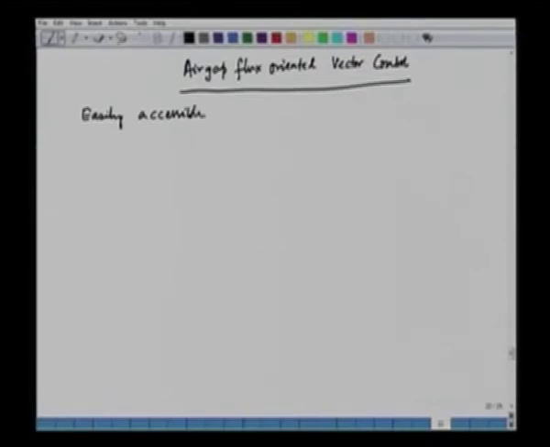So, the air gap flux is easily available compared to rotor flux. So, we can find out the corresponding air gap flux angle to have the transformation. When we are doing the transformation, we have to use the angle of the transformation.